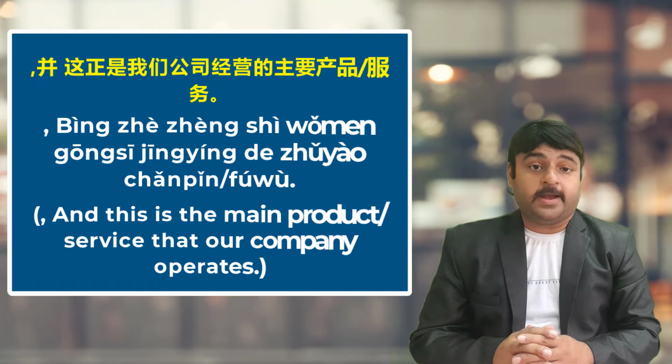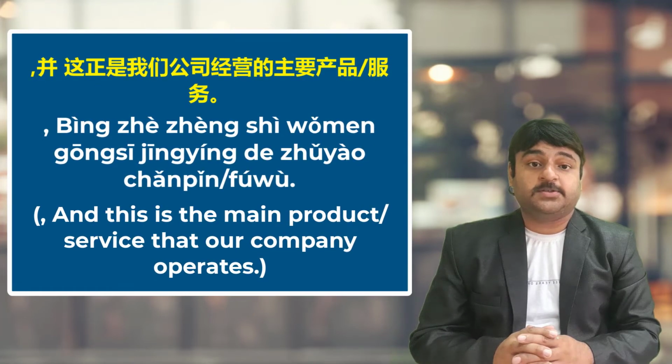并 and or as much. 这正是我们公司的, this in fact or this currently is our company's 经营的主要产品或者服务. 产品 is product, 服务 is service. This is also our company's product or service.